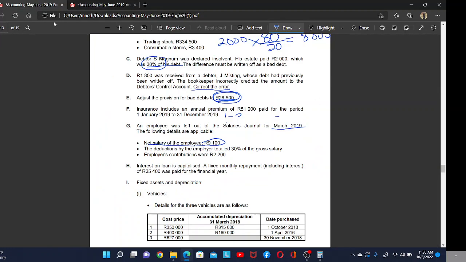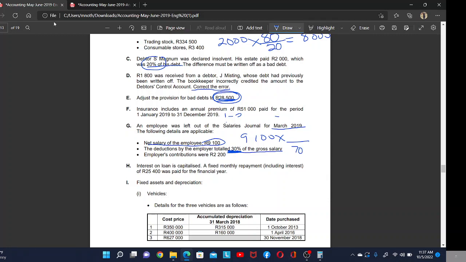And then you see the deductions by the employee total to 30% of the gross salary. So remember, to get the net salary, you say gross salary minus deductions, meaning that because the deductions are 30%, the net salary is 70%.